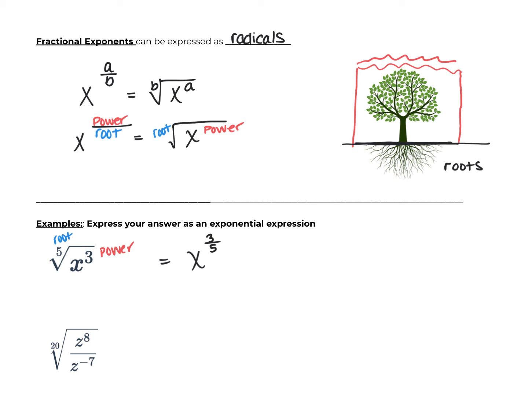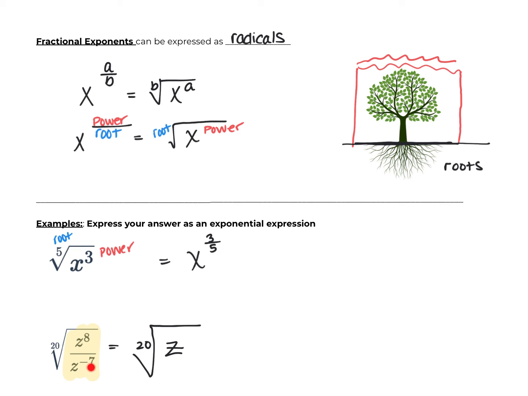Now, example number 2 is a little bit more challenging because we have to do some work first. So first, we're actually going to need to simplify what's in here. So we're going to leave it as the 20th root of z to the 8 minus negative 7, right? Because we're dividing, we subtract the exponents.